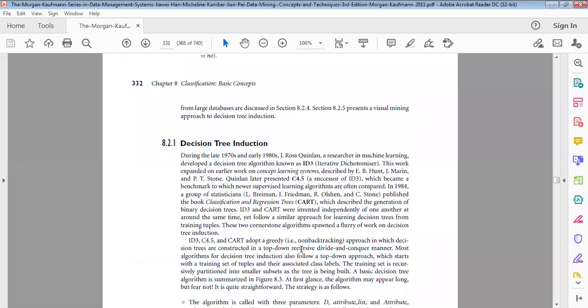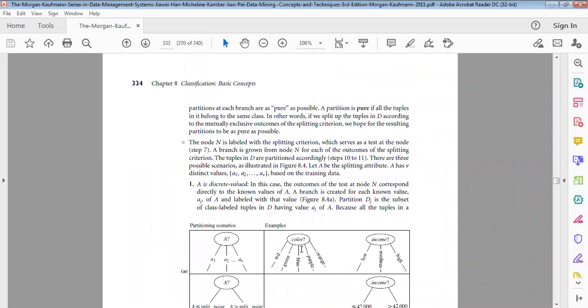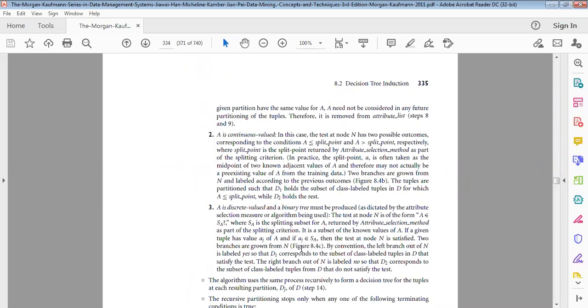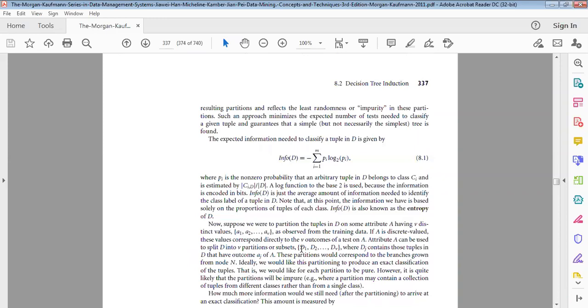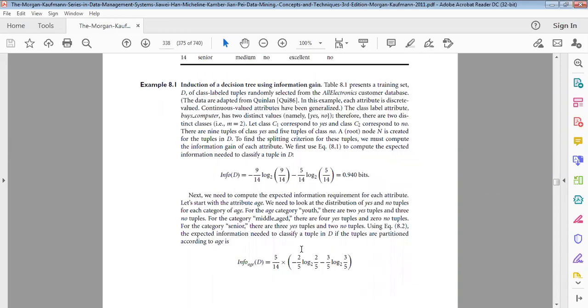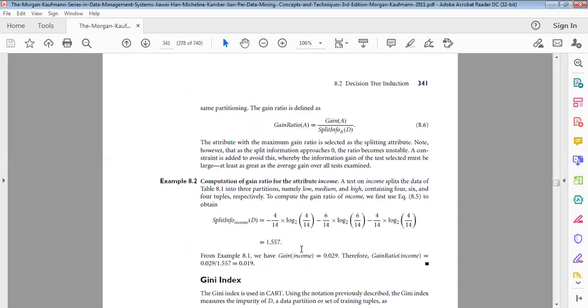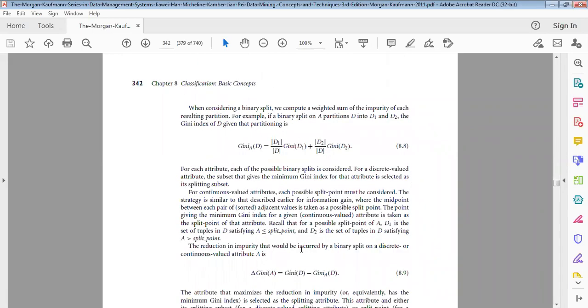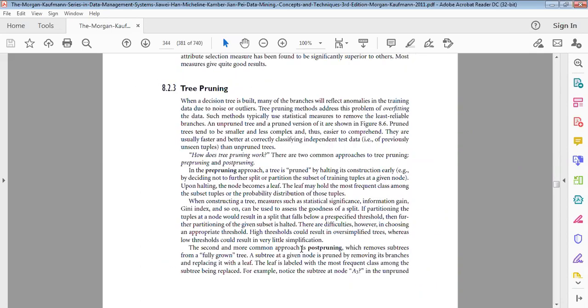Concepts you have to cover: decision prediction, attribute selection measures, information gain, Gini index.